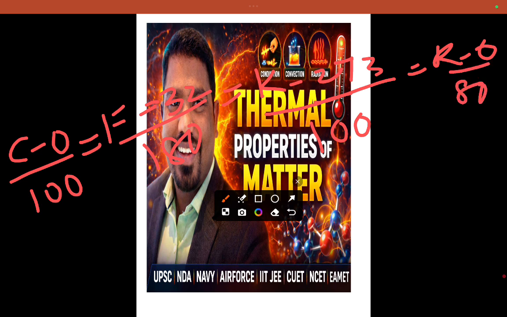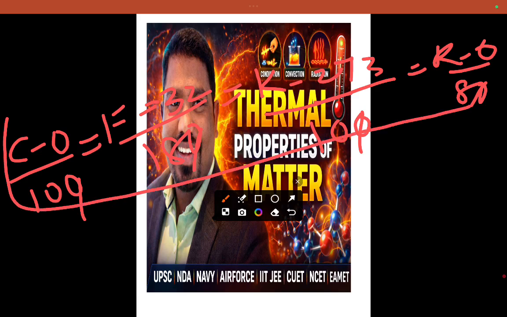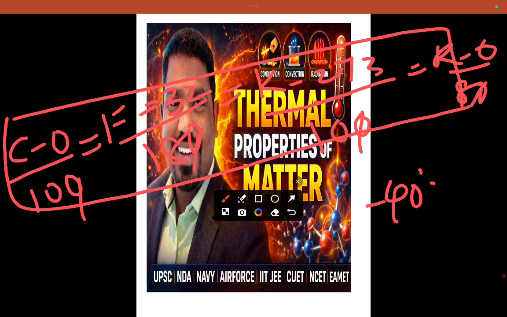After simplification, you will get the scaling relations between Fahrenheit, Celsius, Kelvin, and Reaumur. After using this formula, we confirm that at minus 40 degrees, Celsius is equal to Fahrenheit.